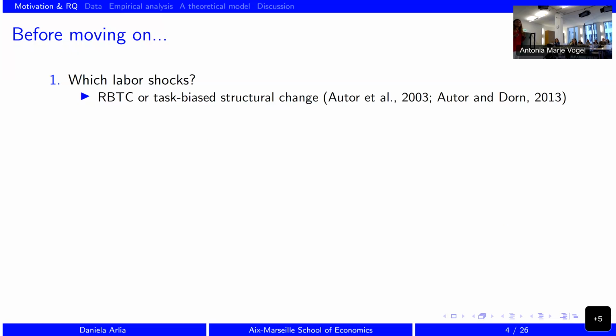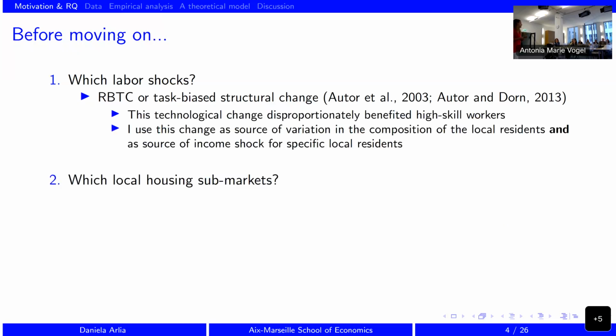What the empirical literature has shown is that this technological change benefited mostly the high-skilled workers, because the technology advances that developed countries experienced over the past 40 years are mostly complementary to high-skilled workers.